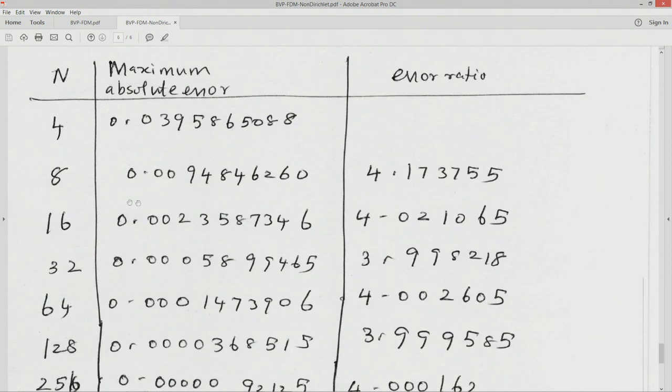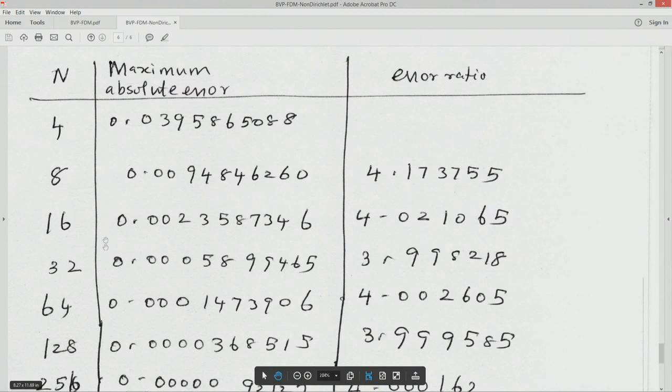We used 4 subintervals in our computations earlier and obtained the approximate solution. So, we doubled this number of subintervals, namely we divide the interval 0 to pi by 2 into 8 equal subintervals of step size (pi by 2) by 8, so that pi by 16 is h.